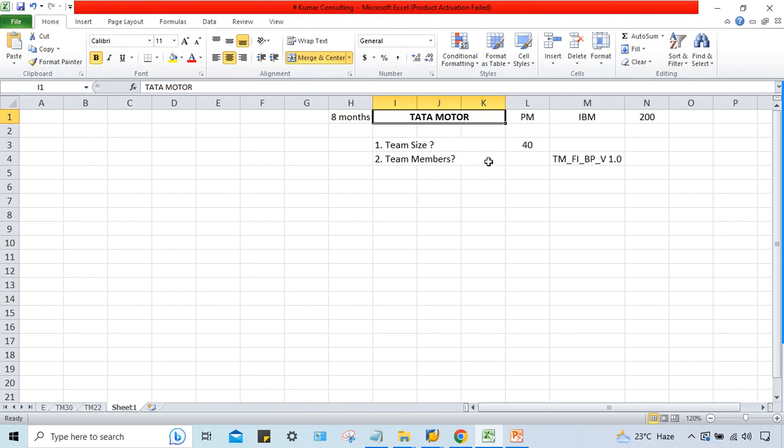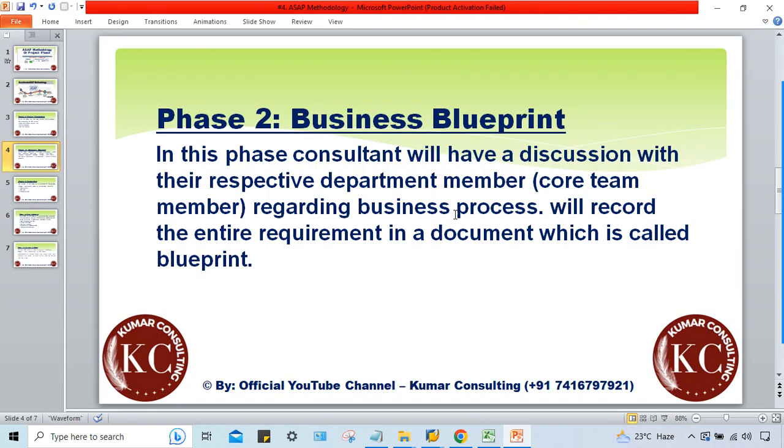So here what is happening, guys? As I said, a blueprint document is prepared after discussions. There will be a sign off from both parties. They will agree that yes, this is what the discussion was, and these processes will be configured here.